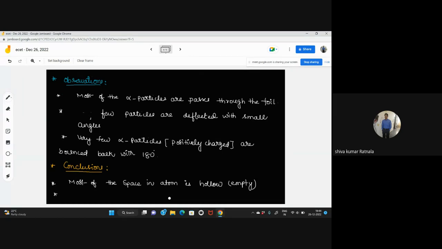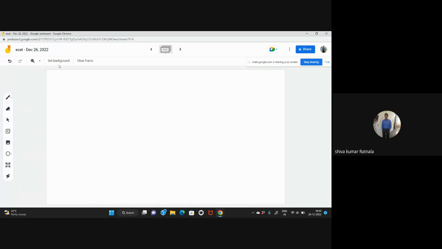Next, alpha particles are positively charged particles, so as they are bouncing back, what can he say? Let me take this as the positive charge. When these particles hit it, they will come back like this.